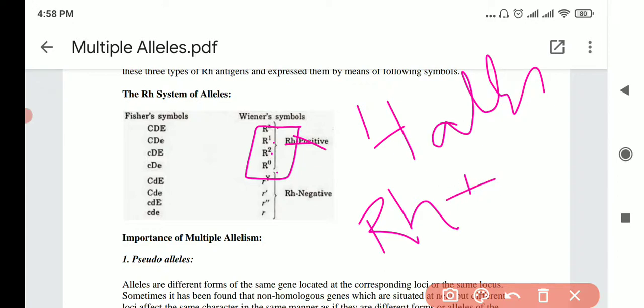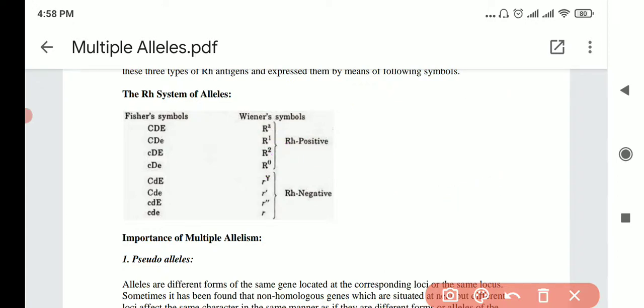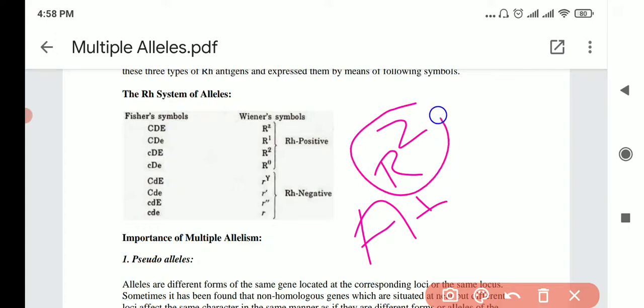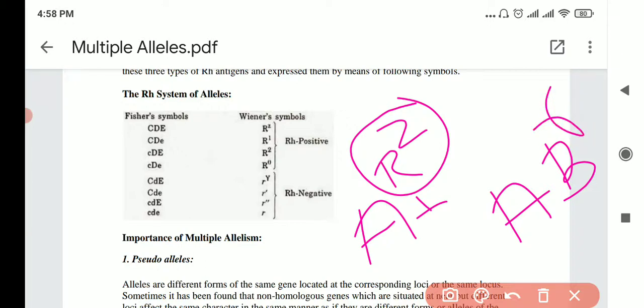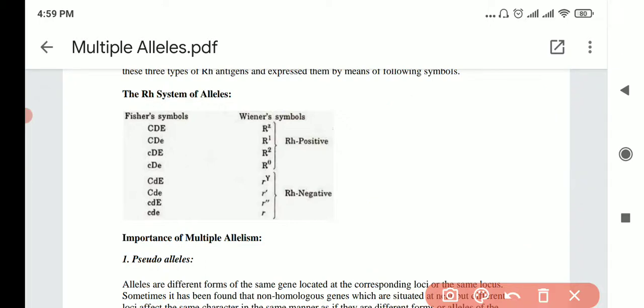If the person has the blood A and RZ, it will be A positive only, but the allele is RZ. And if the person has, let's say, AB R double prime, it is Rh negative only, but it has a subset of the allele of Rh negative. So it could be R or R double prime or R single prime or RY.